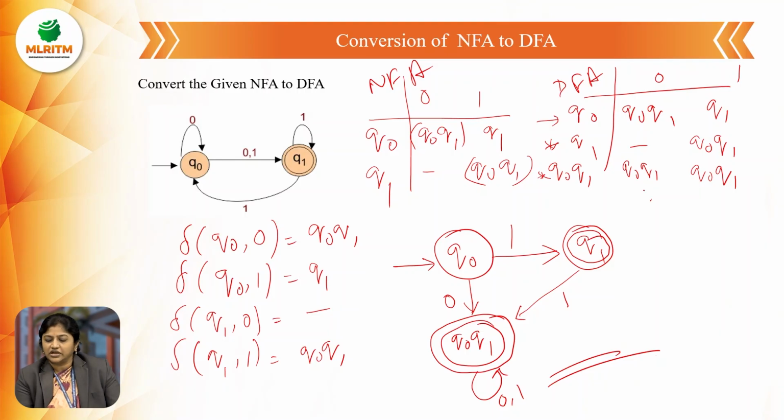So we got this new DFA transition table, and using this DFA, we have drawn this transition diagram. So this is how we need to convert the given NFA into a DFA. Let us solve one more problem.